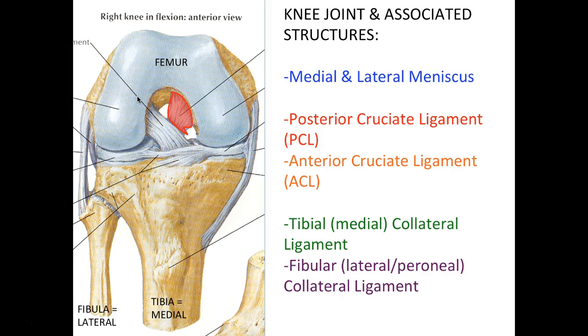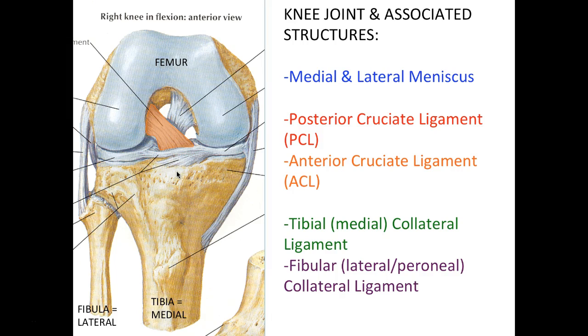And our anterior cruciate ligament is attaching from the lateral condyle of the femur over to the anterior side of the tibia, which is why it's called the anterior cruciate ligament. So if this ligament was not here, the ACL, we would be able to pull that tibia anteriorly.